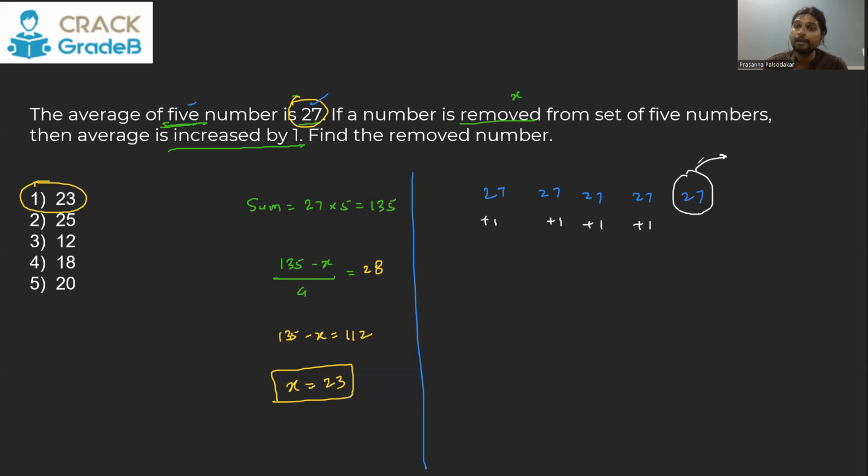He is going to give it away, because while going, he is going to take his own. So out of 27, if he gives away 1 chocolate to the rest of the 4, he is actually taking with him only 23 chocolates, which was the value of the removed number. I hope you got both the approaches. Let's see one more.